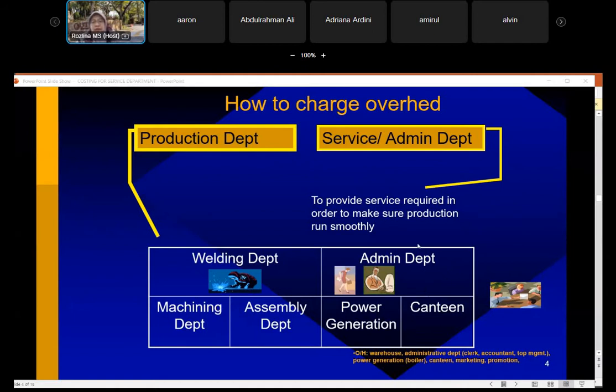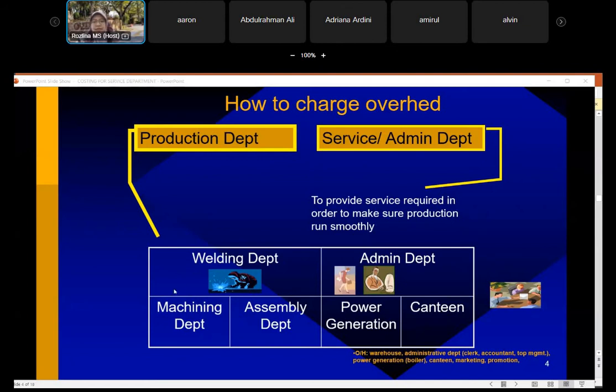So they are in the administrative department. And we also have the power generation, and also the canteen and others. So these departments will also have cost, and this cost must be absorbed by the production department.